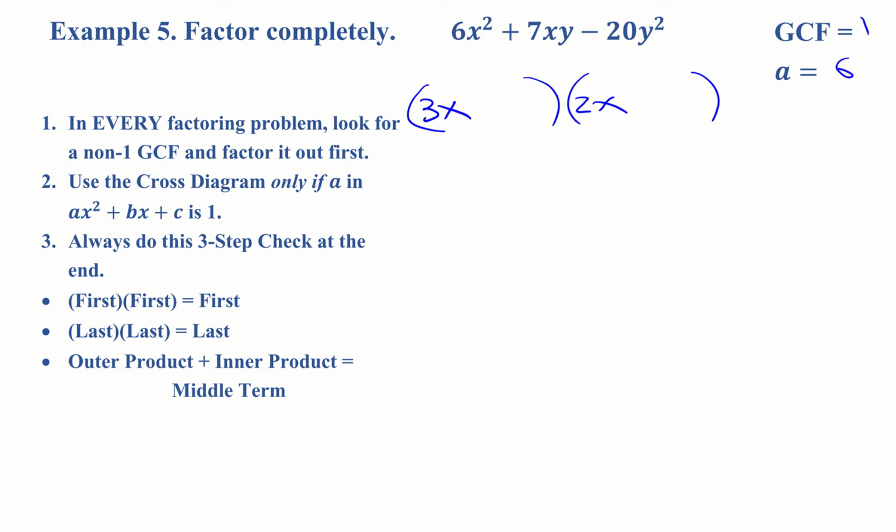And maybe we can try 4y and 5y. Again, sticking to the rule that let's not go for extreme numbers to begin with. Then we'll adjust if we need to. So the inner product right now is 8xy, and the outer product is 15xy.